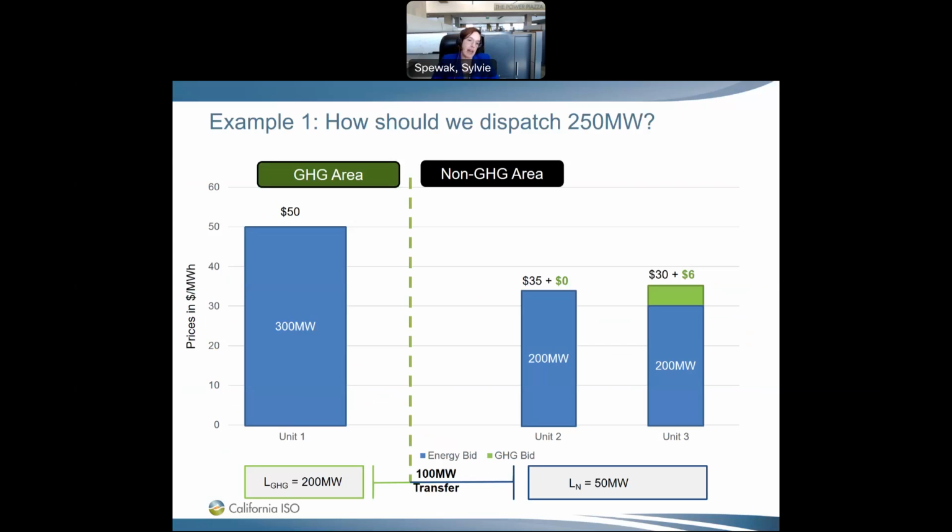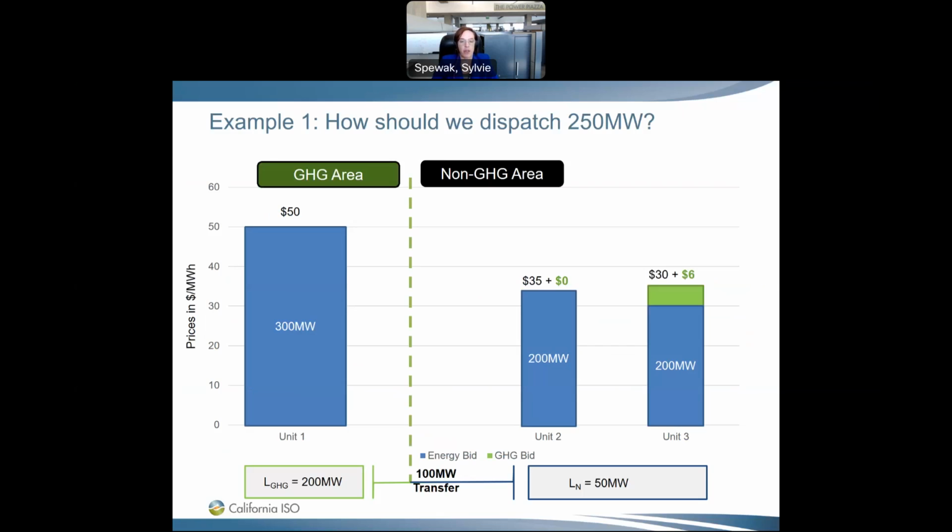We need to meet a total of 250 megawatts of load. 200 megawatts of load will come from the GHG area, and 50 megawatts of load come from the non-GHG area. And we need to dispatch these resources in a way that minimizes the total cost of the system, given the GHG and the non-GHG area's preferences.